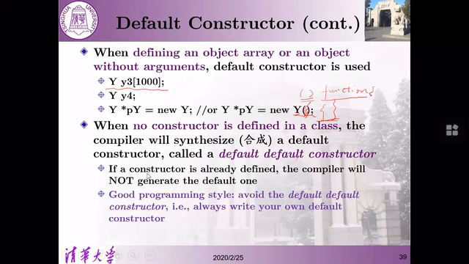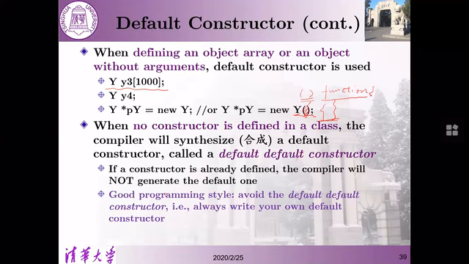This grammar is that if a constructor is already defined, the compiler will not generate the default one. So a good programming style is to avoid the synthesized default constructor. Always write your own default constructor. Okay. In this way, you control everything. Don't depend on the compiler to do something.